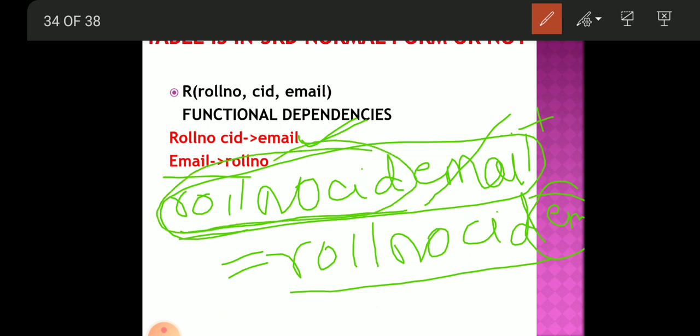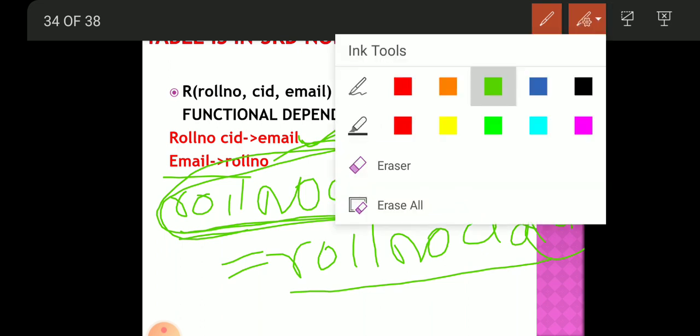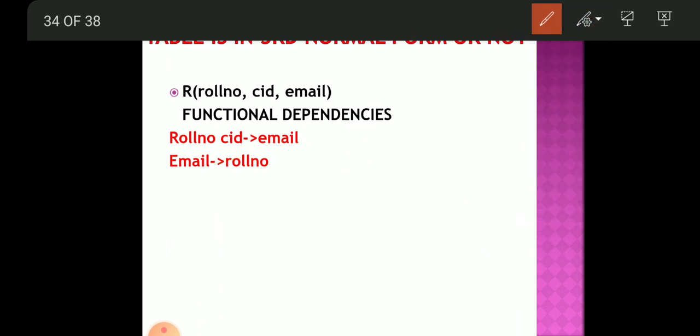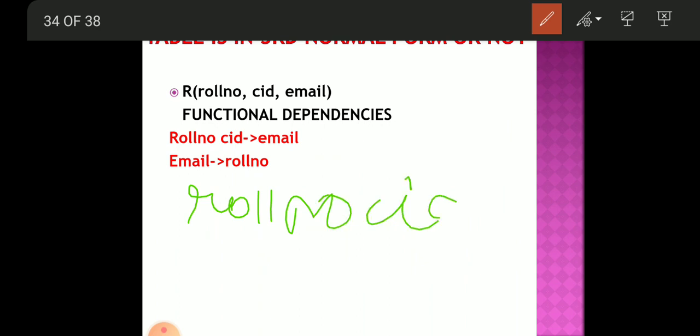Two super keys are there, so we have to consider the minimal super key to check for the candidate key. Let's check roll number and CID. We have taken this key because it is a minimal super key.